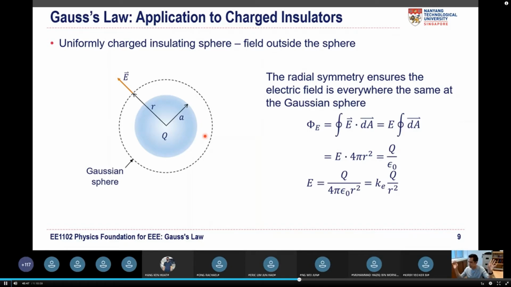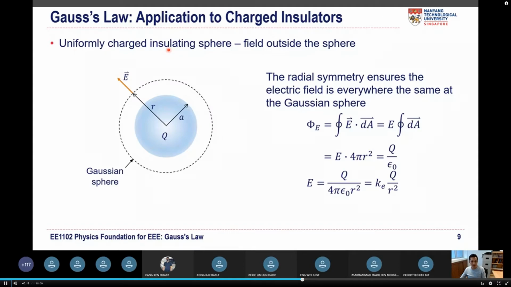It just stays there all the time. Whereas with a conductor, the charges will freely move, in a direction that ends up having zero electric field inside the conductor, which I think we discussed last time. But that will appear later on. For now, let's look at the insulator.